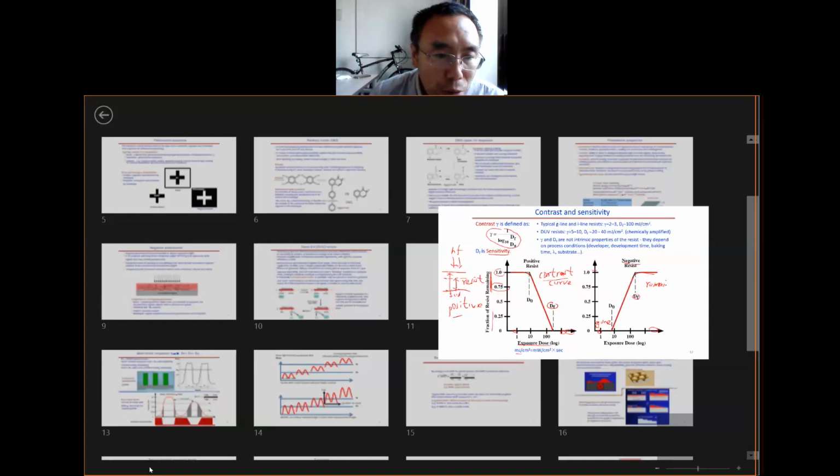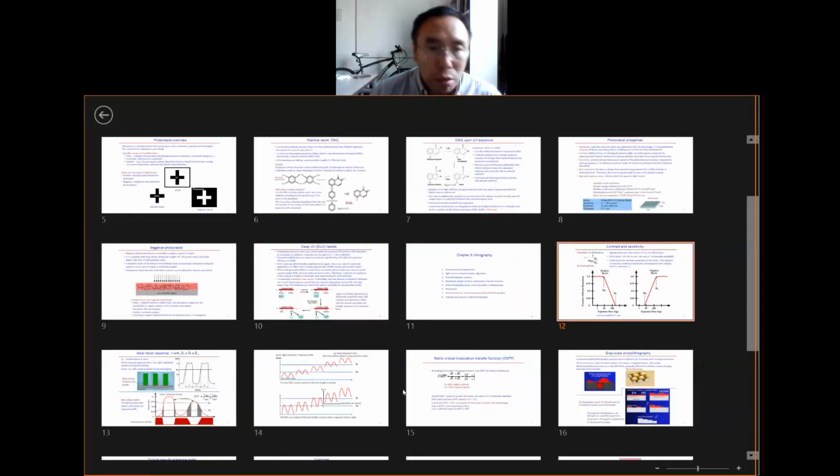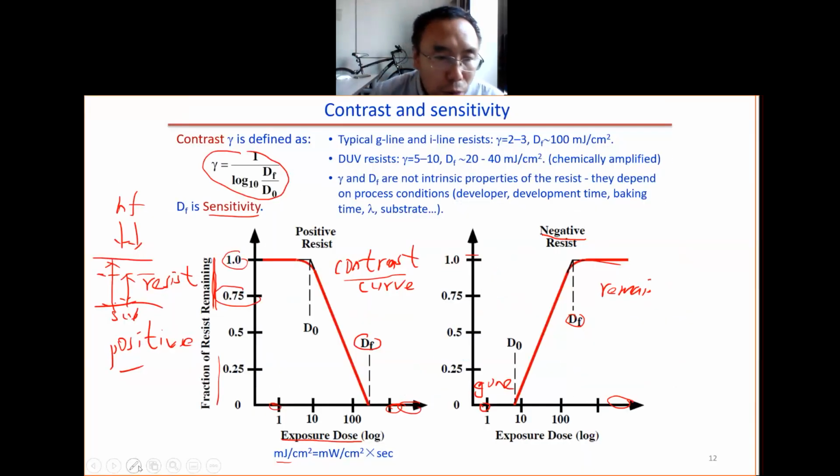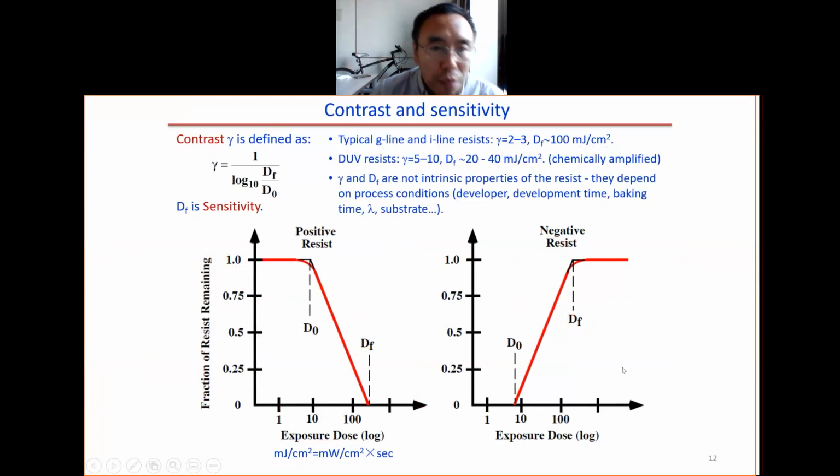Ideally, what we want is here. The ideal contrast curve is something like this: it comes from here, then goes down.